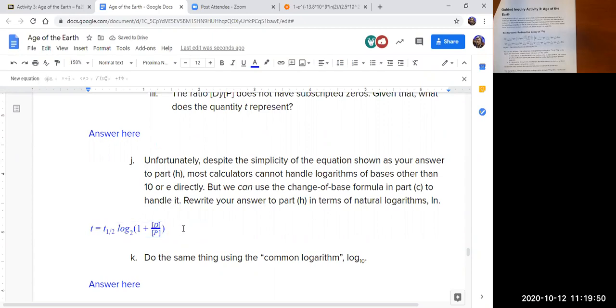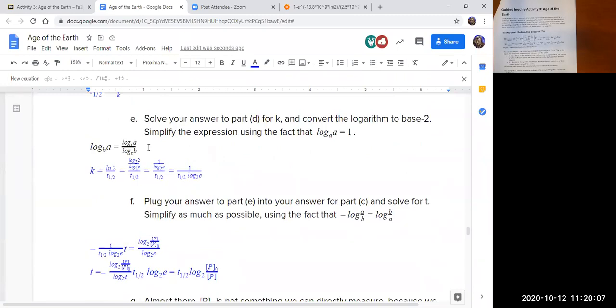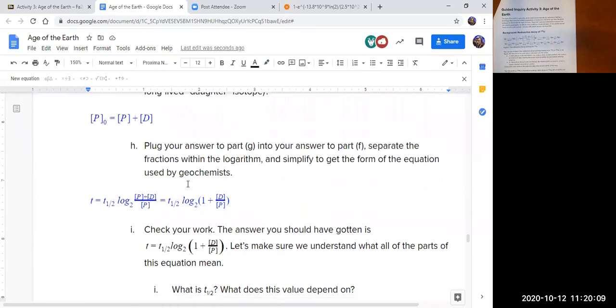Some calculators I know can do it, but many of them cannot. So J and K are about how to do it on a calculator that can't do a logarithm of base 2. To do that, we're going to use the change of base formula, which I had put right here. Bring that down.